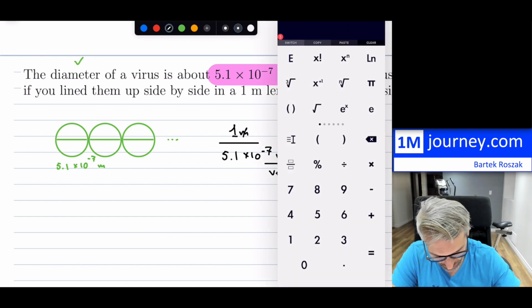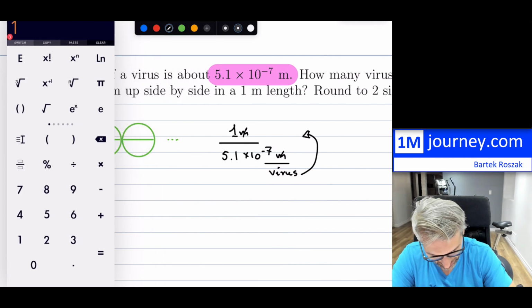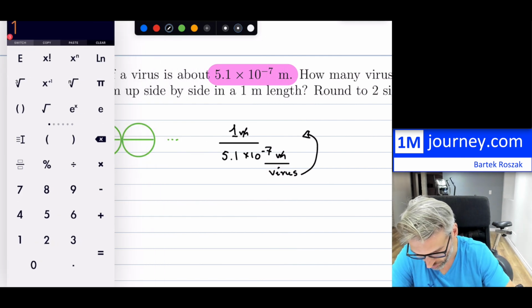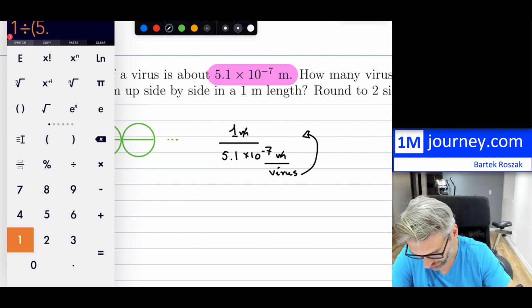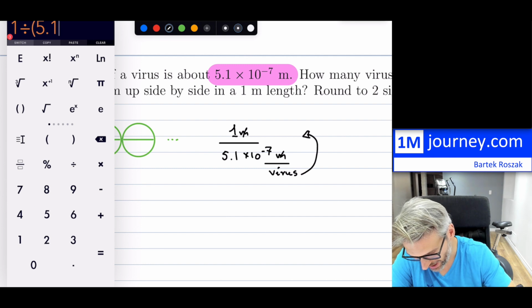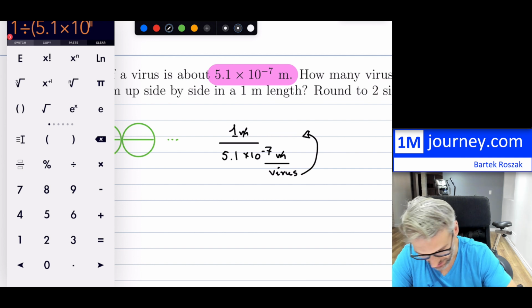So you would have to take out your calculator here because you're dealing with scientific notation. So it's 1 meter divided by, and I'm going to put this in brackets, 5.1, and now you can directly put this as times 10 to the exponent, and for me this is negative 7.